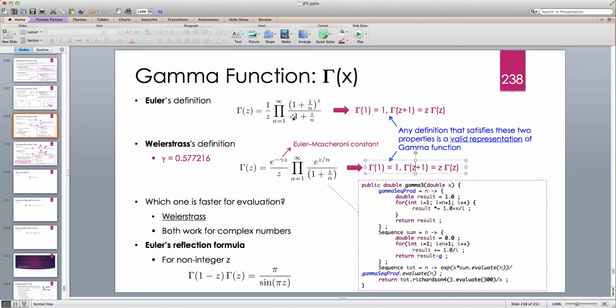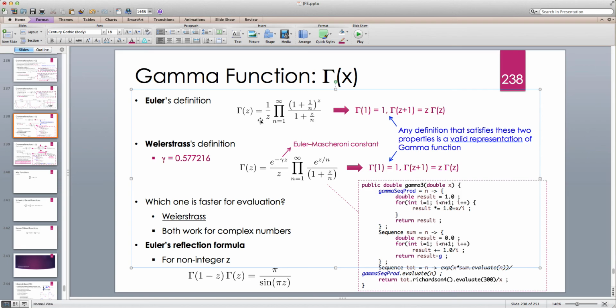And you can verify that both of these definitions satisfy these two properties. So any definition that satisfies these two properties is a valid representation of gamma function. We can prove that. Now this Euler-Mascheroni constant is just a number that you can Google. Here I'm writing it up to 6 decimal places, which is a pretty good accuracy.